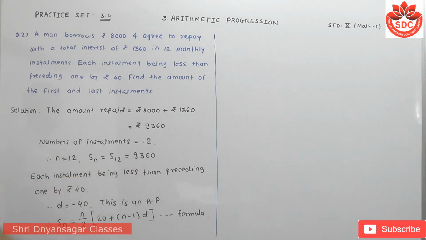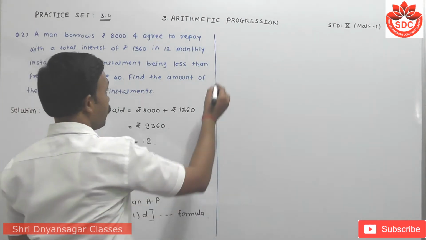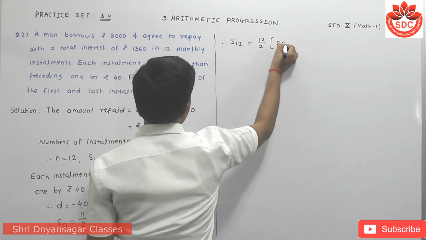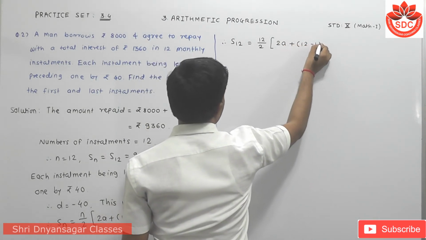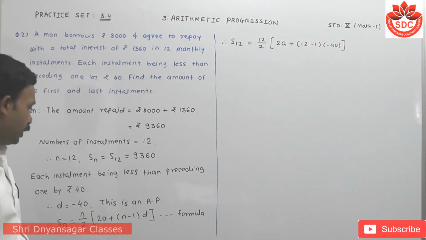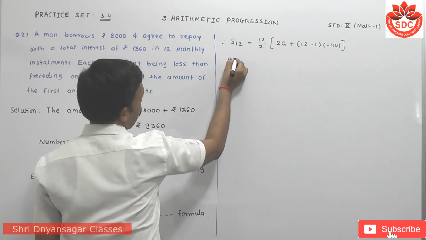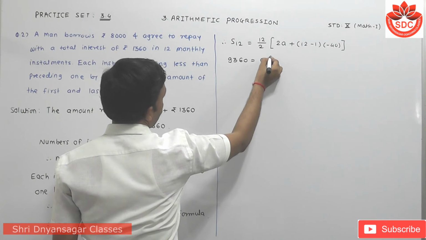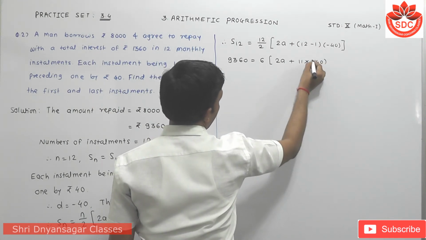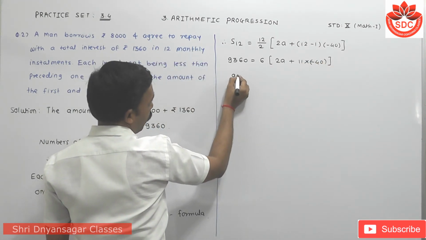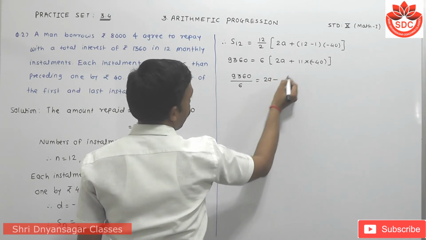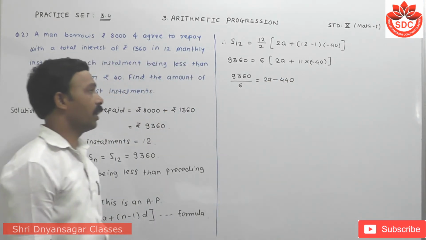Sn is given here, S12 is 9,360. Therefore, S12 is equal to 12 upon 2 in bracket twice a. 6 goes to the denominator. 9360 upon 6 is equal to twice a plus minus 11 fours are 44, that means 440.